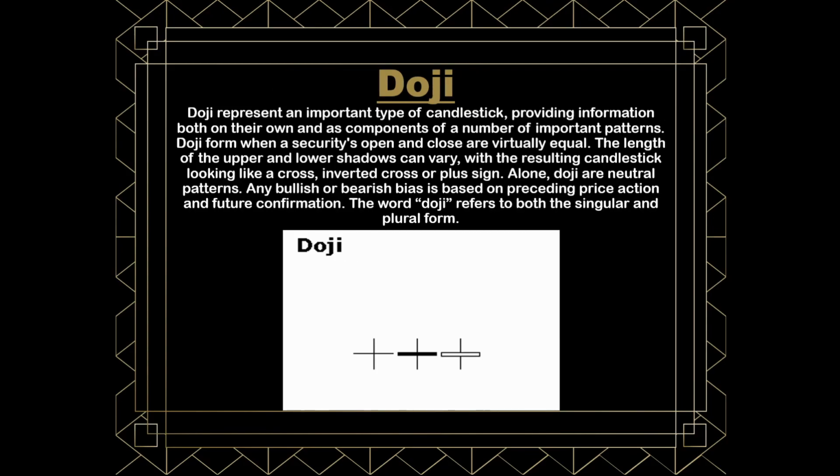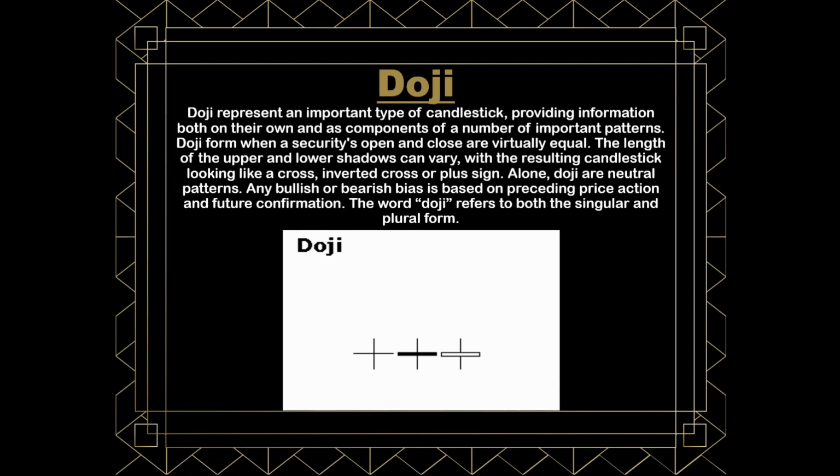Now after spinning tops, we get to doji. Doji represents an important type of candlestick, providing information both on their own and as components of a number of important patterns. Doji form when a security's open and close are virtually equal.